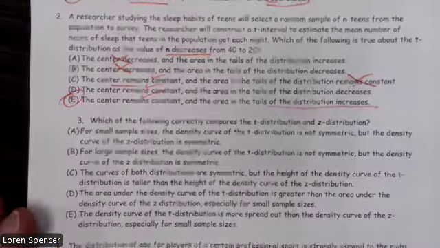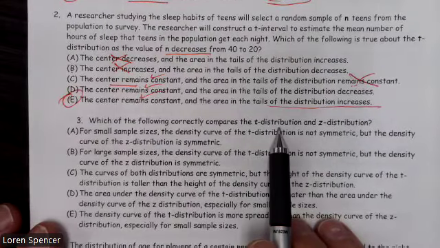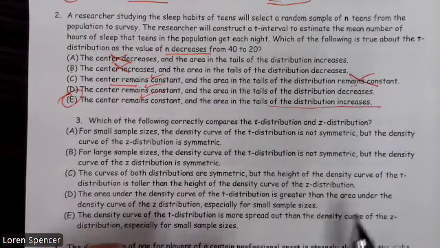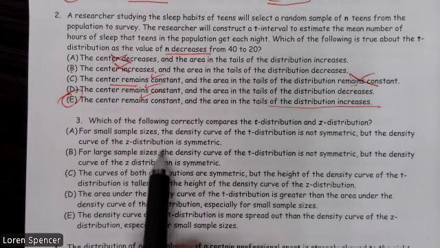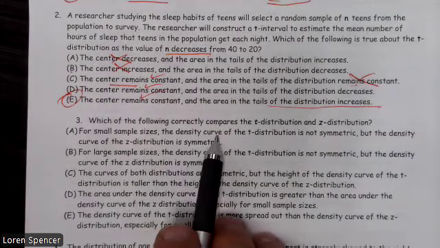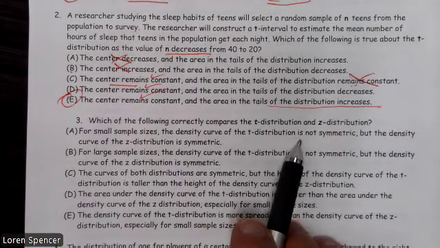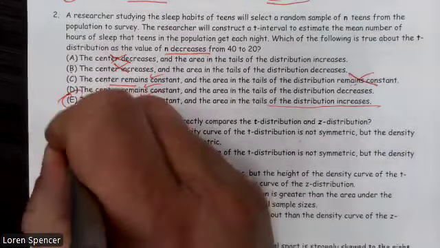Which of the following correctly compares the T distribution and the Z distribution? Please remember, they both have the same center, but there's more area in the tails for the T distribution than the Z. For small sample sizes, the density curve of the T distribution is not symmetric. Nope, they're both symmetric.